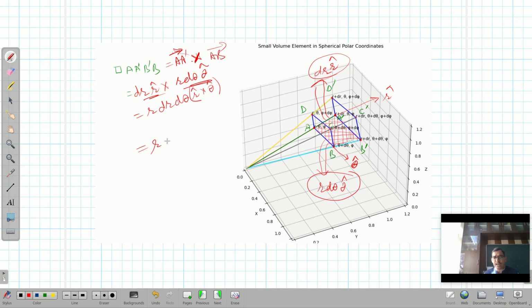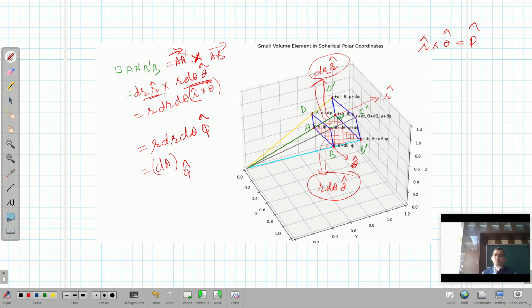So it is r dr d theta and the phi cap, as has been discussed here, that r cap cross theta cap is basically phi cap. So this can be written as the area element along the phi cap direction.